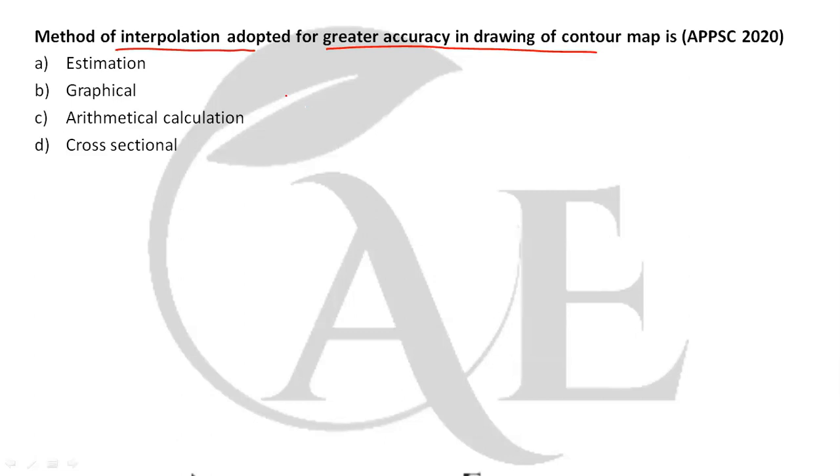For greater accuracy we use the cross-sectional method so that we can easily draw the map. We cannot use the estimation or graphical methods, as there are sometimes errors in arithmetic calculation. Cross-sectional gives great accuracy. So option D is the correct answer.